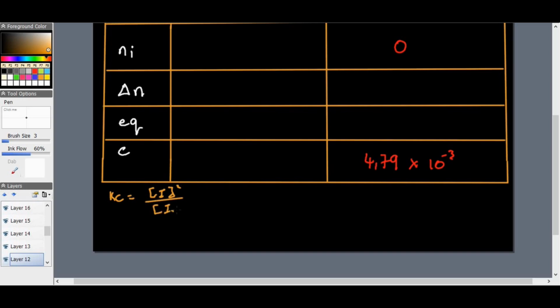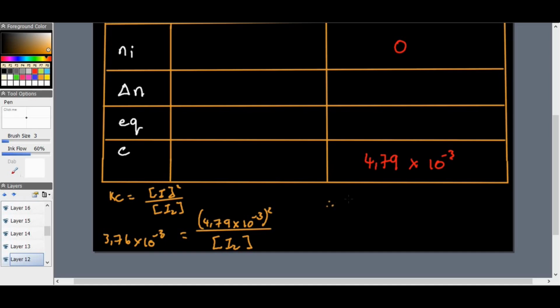The Kc value 3.76 times 10 to the power of negative 3 is equal to 4.79 times 10 to the power of minus 3 on top, all squared, and we're looking for the concentration of I2, or iodine molecules.